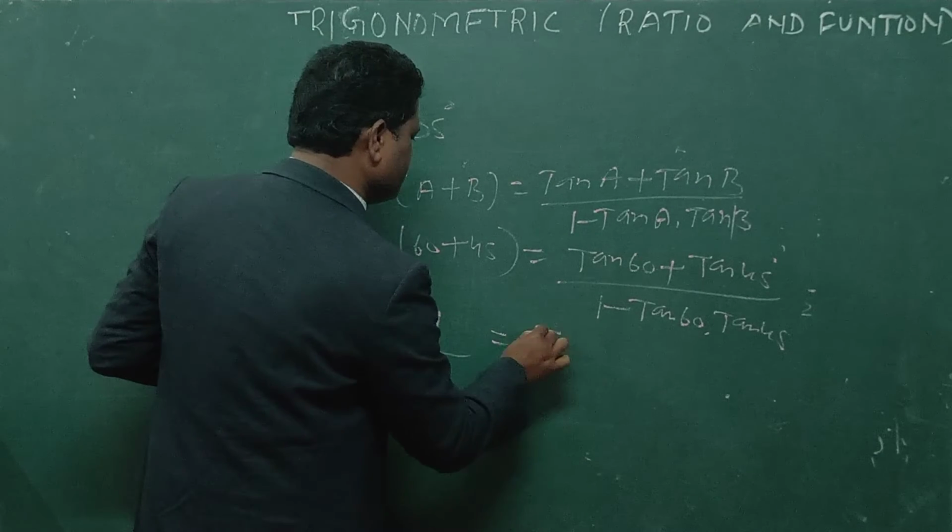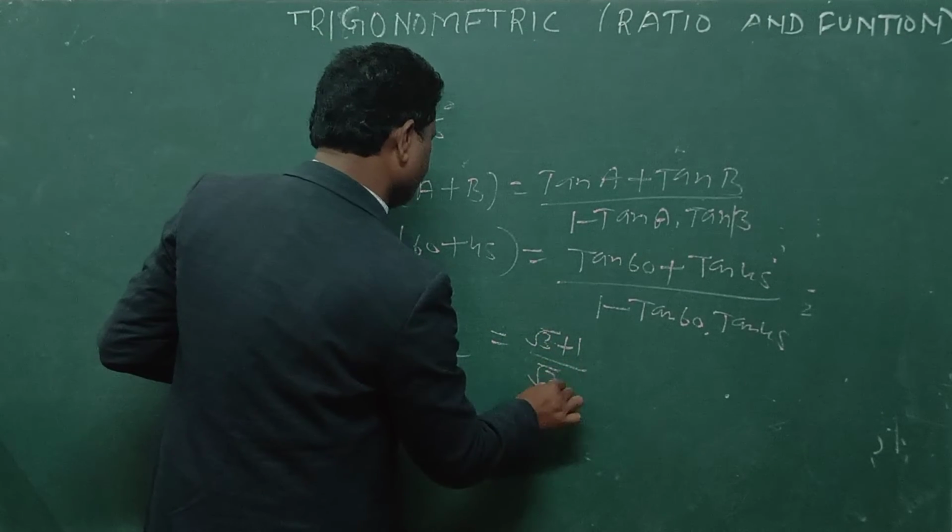It means root 3 plus 1 by root 3 minus 1.